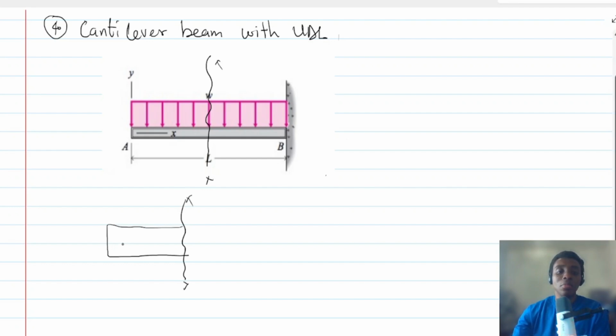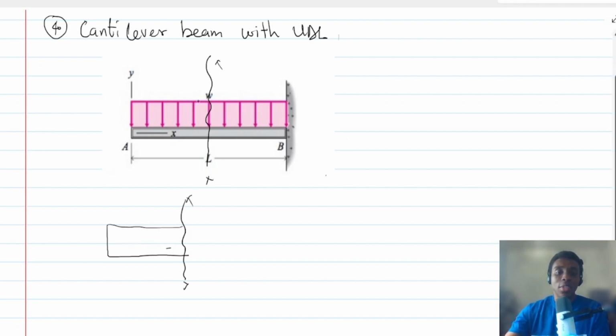Now, you realize that there is this uniformly distributed load here, meaning that if you take the section, there is still this uniform distributed load occurring, okay? And for a uniform distributed load, it will act as though it's a rectangle, okay?